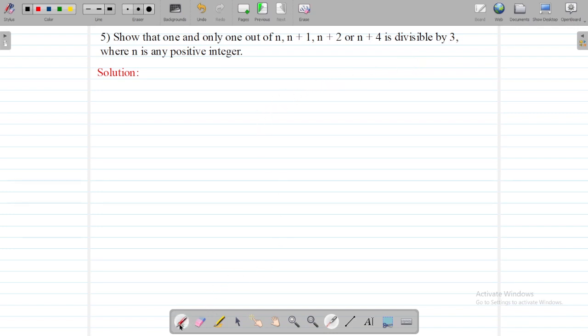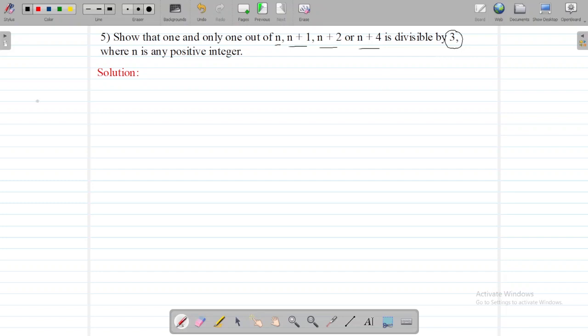So here we have to remember that there are values n, n plus 2 and n plus 4, which we have to show, that is, only one value is divisible by 3.